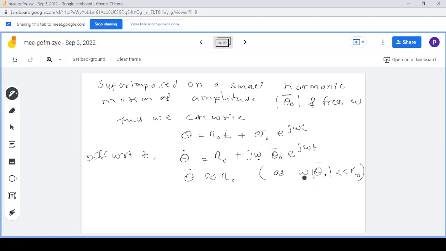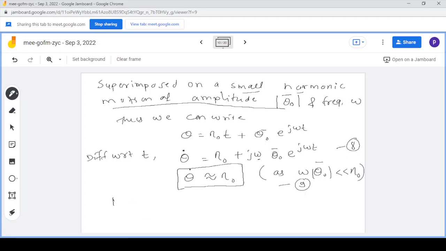And we know that theta 0 is very small because we are considering a small harmonic motion of the amplitude theta 0. What is the meaning of this small harmonic motion of amplitude theta 0? Very small angular displacement of the torsional pendulum. So in that case, this angular velocity multiplied by theta 0 will be very much less than n0, right? That's why we have written the expression like this: theta dot is approximately equal to n0. Let us call this expression 8 and this expression 9.